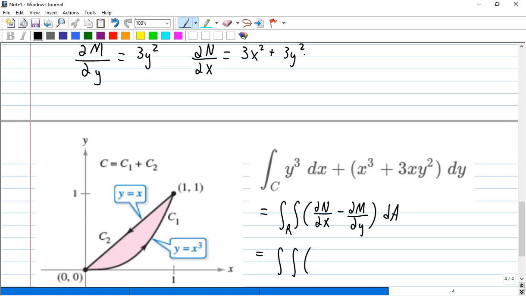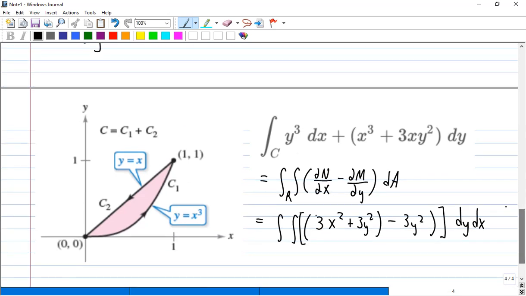The partial derivative of N with respect to x is 3x squared plus 3y squared, and then minus the partial derivative of M with respect to y, which was 3y squared, dy dx. So do you see what's going to cancel out? All right, so those are going to cancel out.